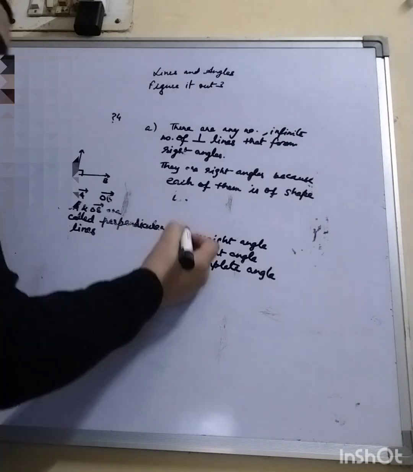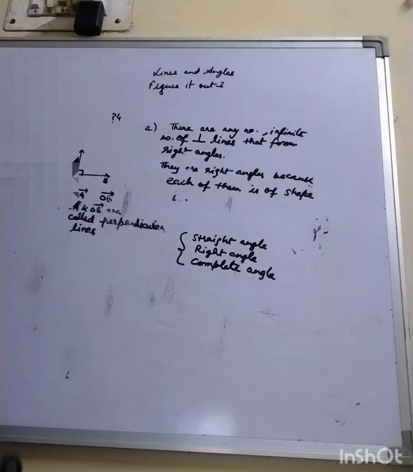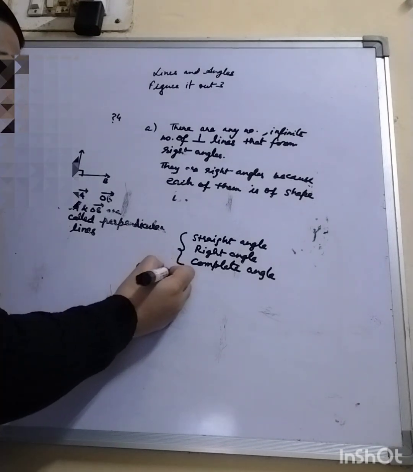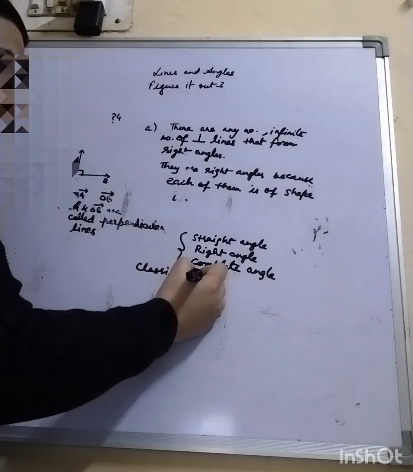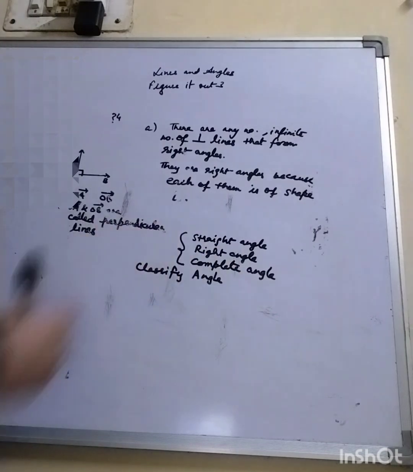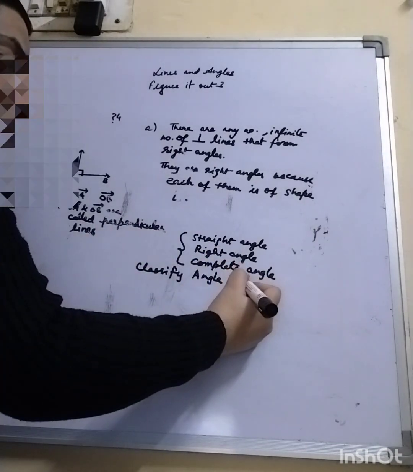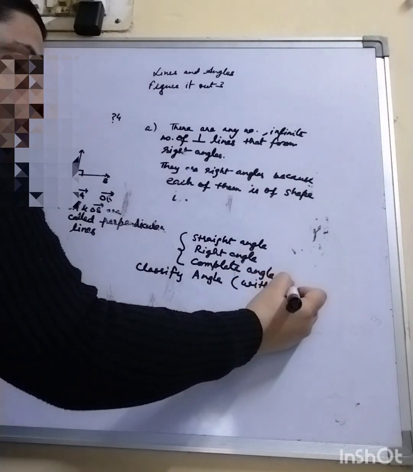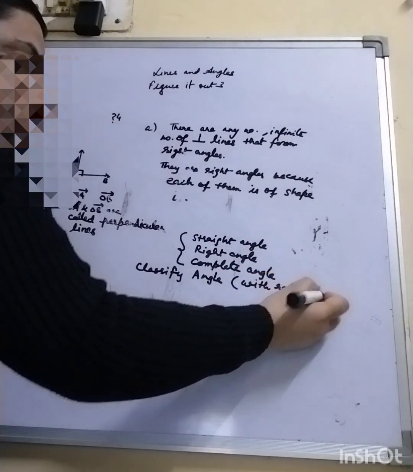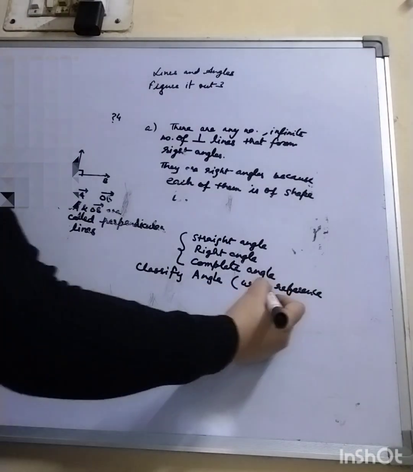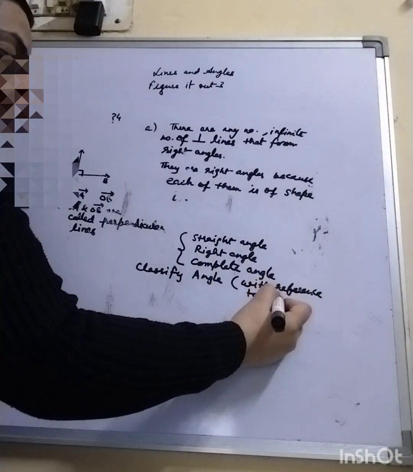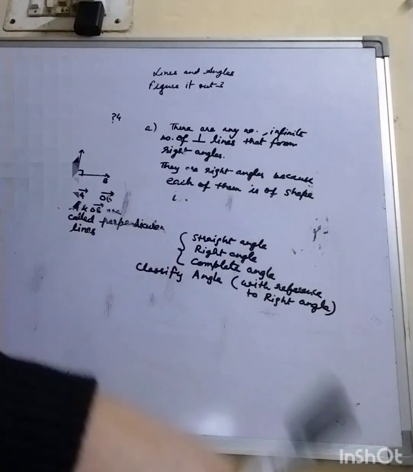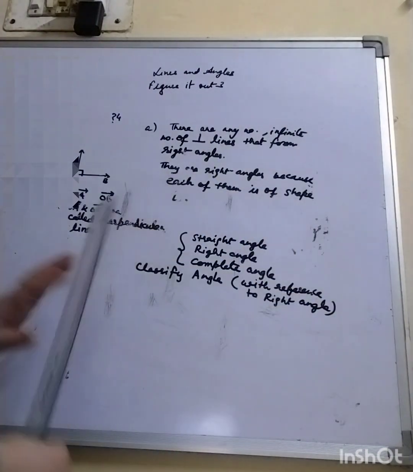Now these angles were special types of angles, but how to classify angles? They are classified with reference to right angle. We would define them. Suppose you make a right angle.